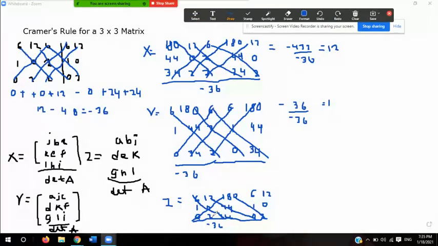Pardon me here. 2 times 44 times 6. And then 34 times 1 times 12. And that would equal negative 576, divided by negative 36, equals 16.